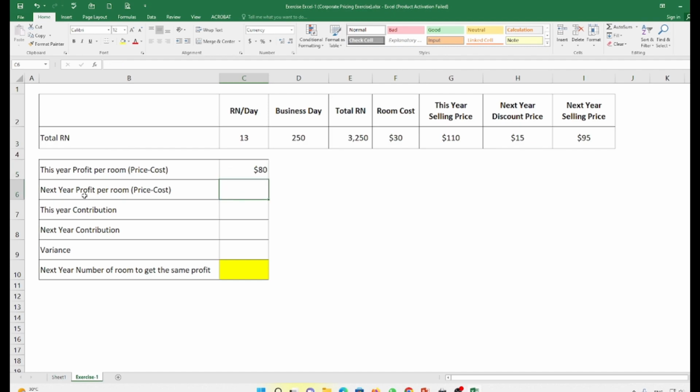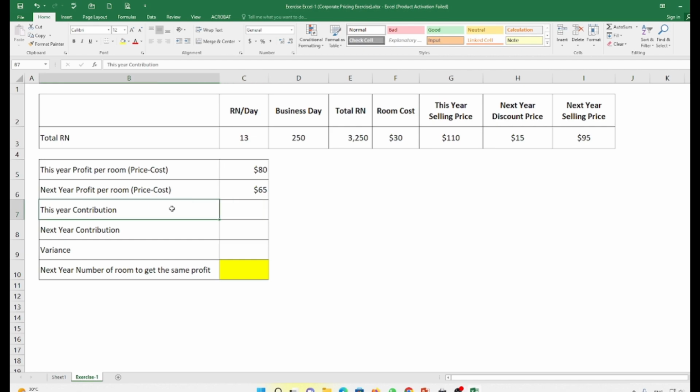Let's see next year's profit per room. We do the same: we take next year's price minus room cost. Although the price is low, the room costs still remain the same. So it's going to be $65 next year's profit per room per night.